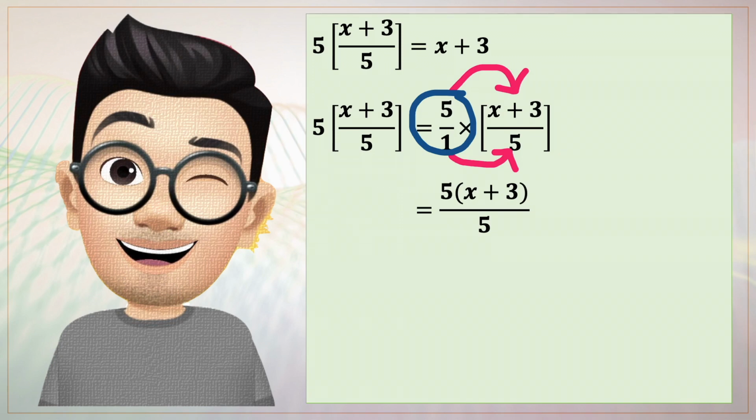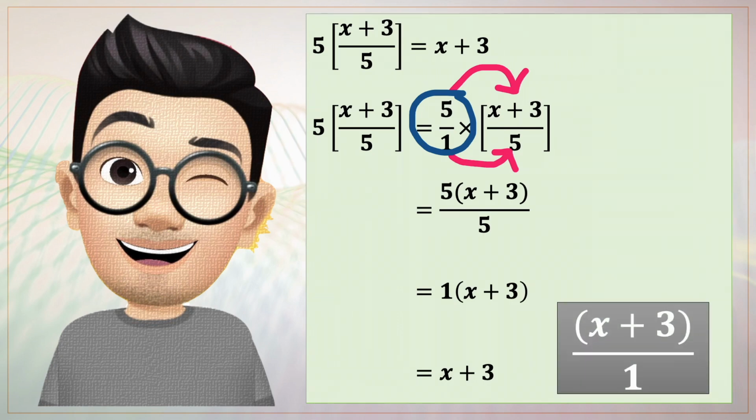Here, 5 over 5 means that we are dividing 5 by 5, which will give us 1. Therefore, we have x plus 3. Applying the definition of rational numbers, x plus 3 can also be written as x plus 3 all over 1.